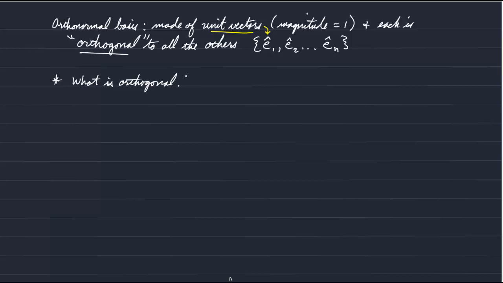And to do that, let's remind ourselves what the dot product of two vectors is. The dot product is also sometimes called the scalar product.